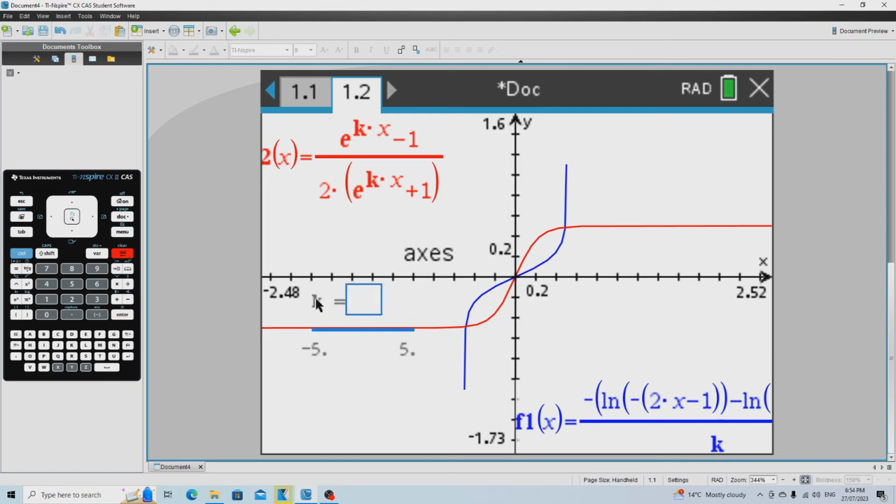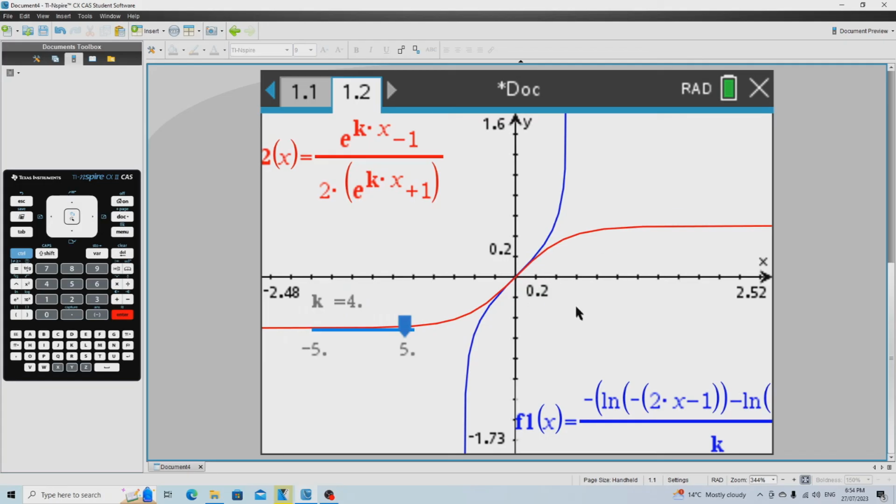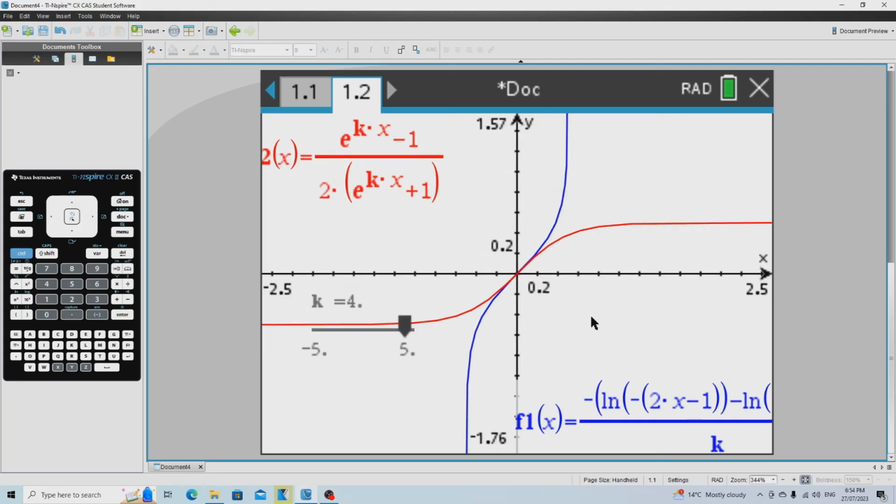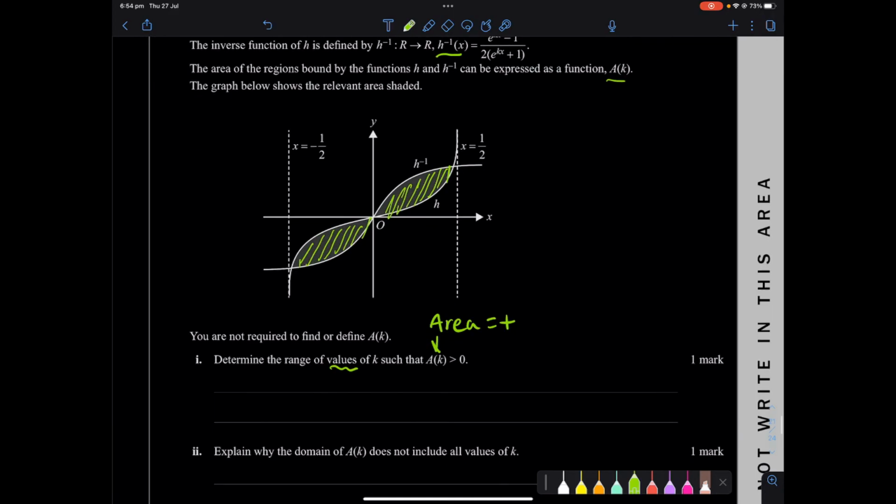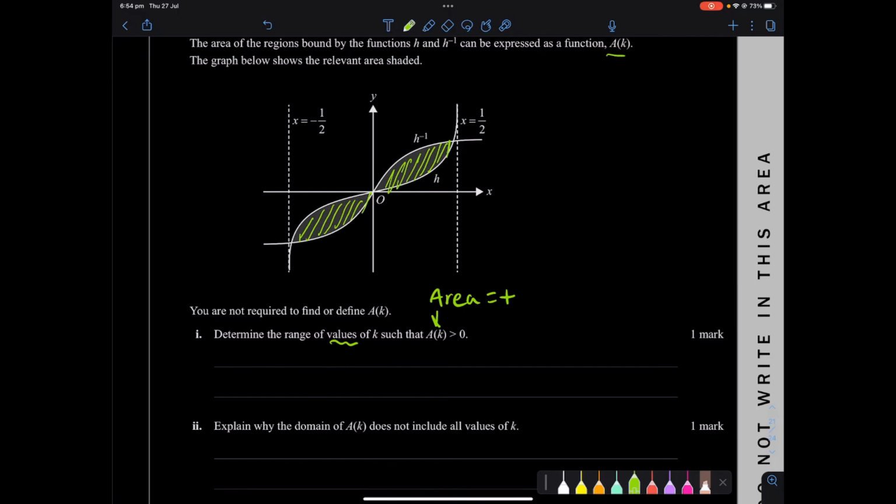Yes, 4 is just the point. So we can say k must be greater than 4, because it cannot be equal to 4, as there is no actual area. With 4.1, 4.2, greater than 4, we actually start getting this area. I think that's it for that question.